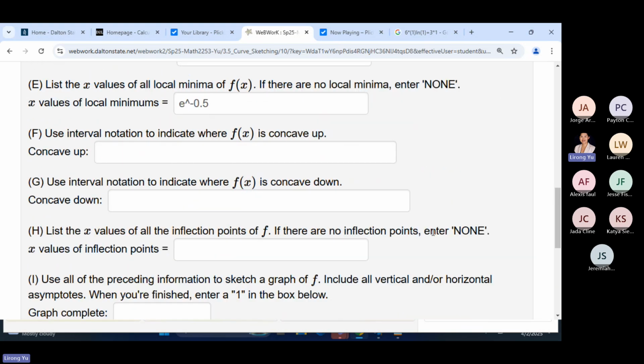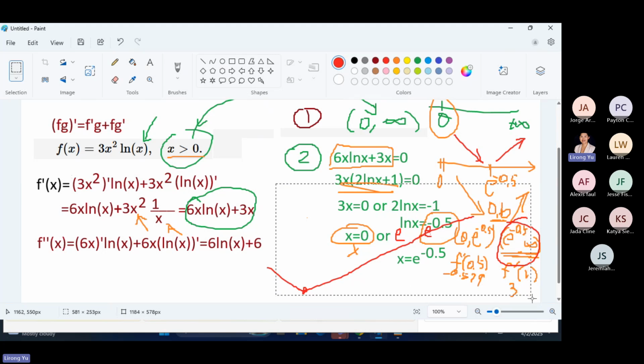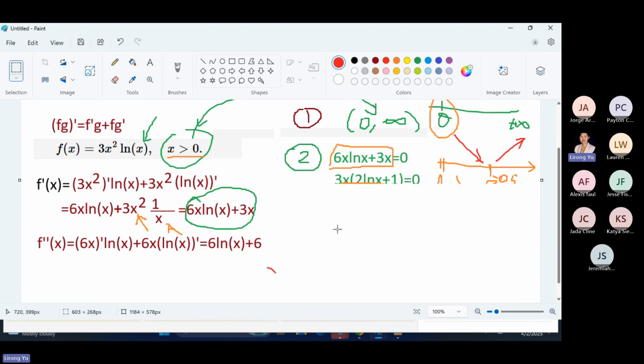So these are all applications of the first derivative. And let's move on to concavity. We have already calculated the second derivative. Okay, let's talk about step 3. That is about concavity.